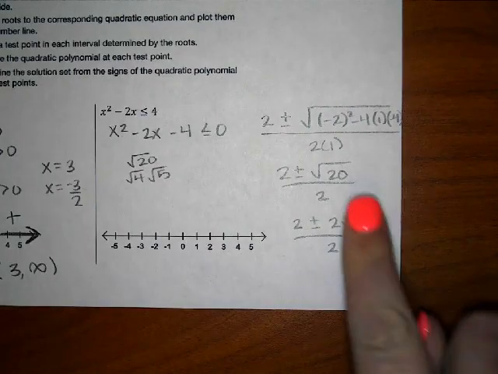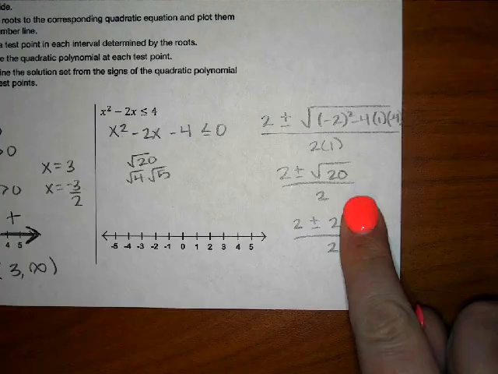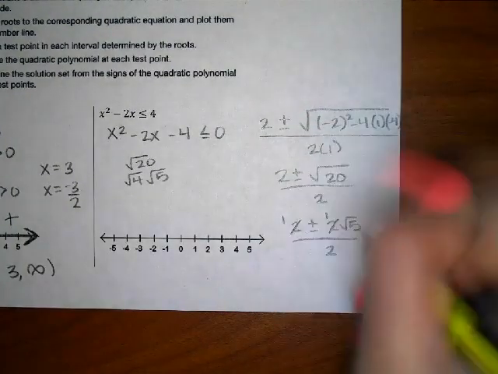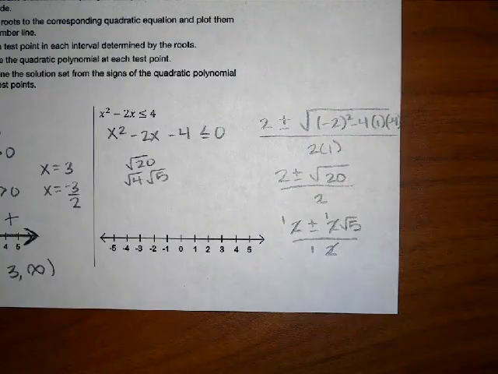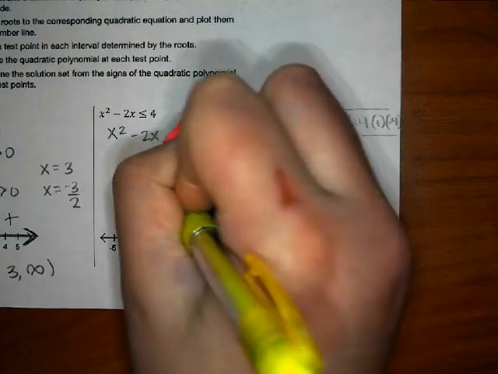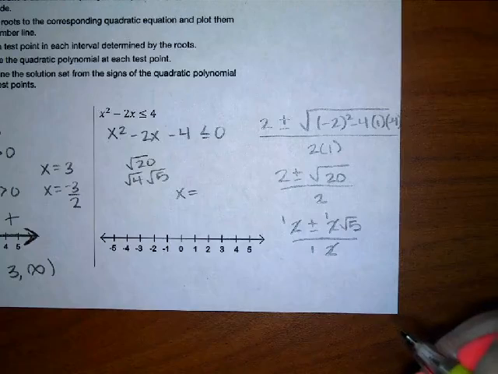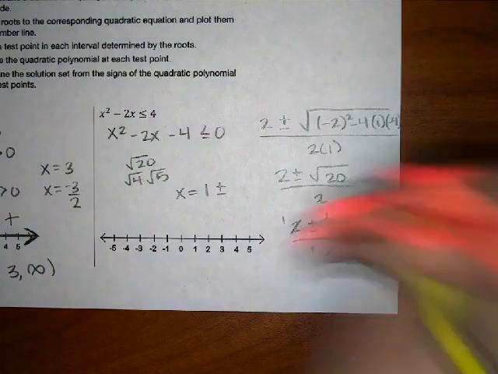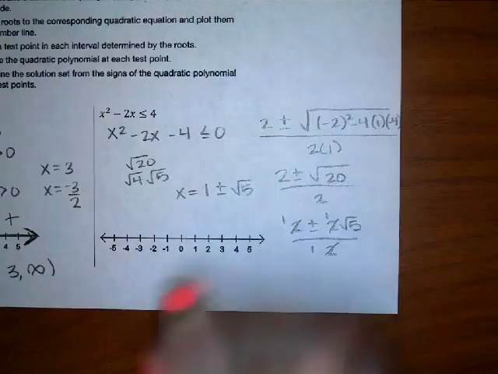So the x values that we're looking at here are 1 plus or minus 1 times the square root of 5, all divided by 1. Okay, I have no idea what that number is, so I'm going to figure out the decimals so I know what test values to plug in.